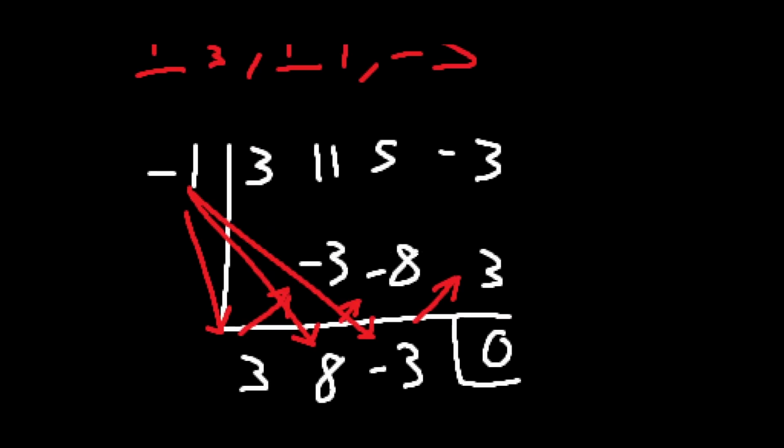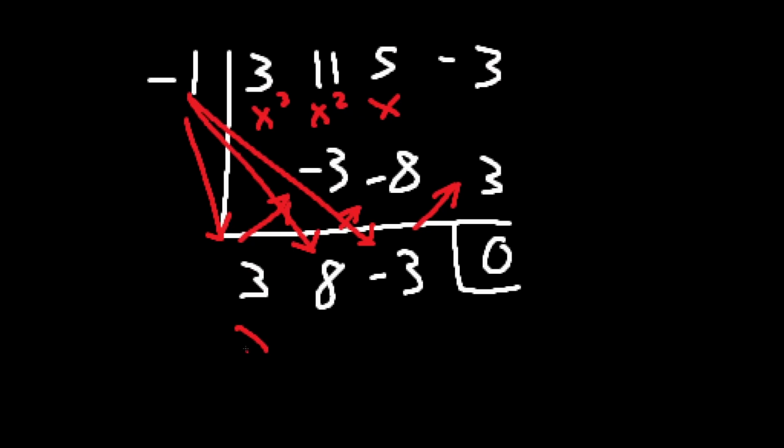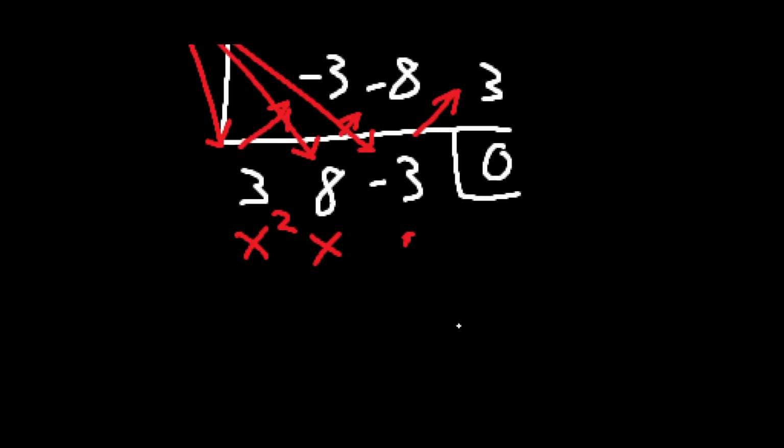Sick. And so this was our x cubed, this was our x squared, this was our x, and then this was our normal number. This means we have our x squared right here, we have our x, and then our normal number.